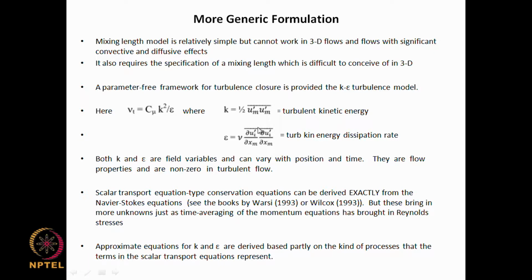So, one can derive scalar transport equation type of conservation equations for both K and epsilon. Exact equations can be derived from the Navier-Stokes equations using a set of mathematical operations.